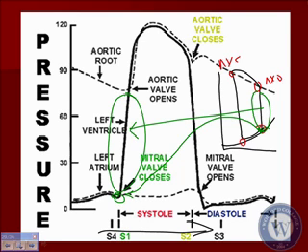If afterload goes up, which means you're going up this line, let's say the afterload goes to here, that means the pressure generated has to get up to that before the valve opens. It's also going to change here. The ventricle has to generate higher pressure before the valve opens. That's when the valve will open here.